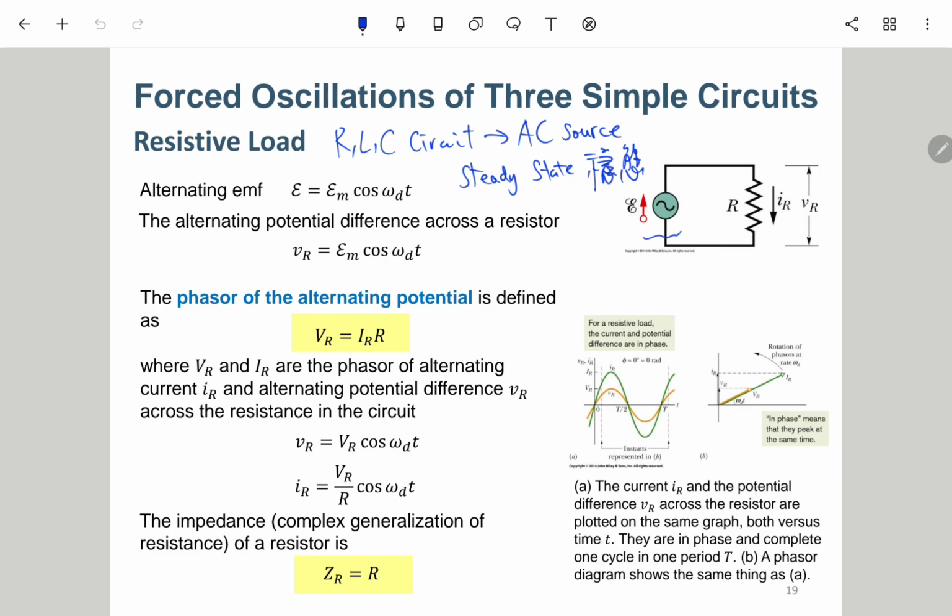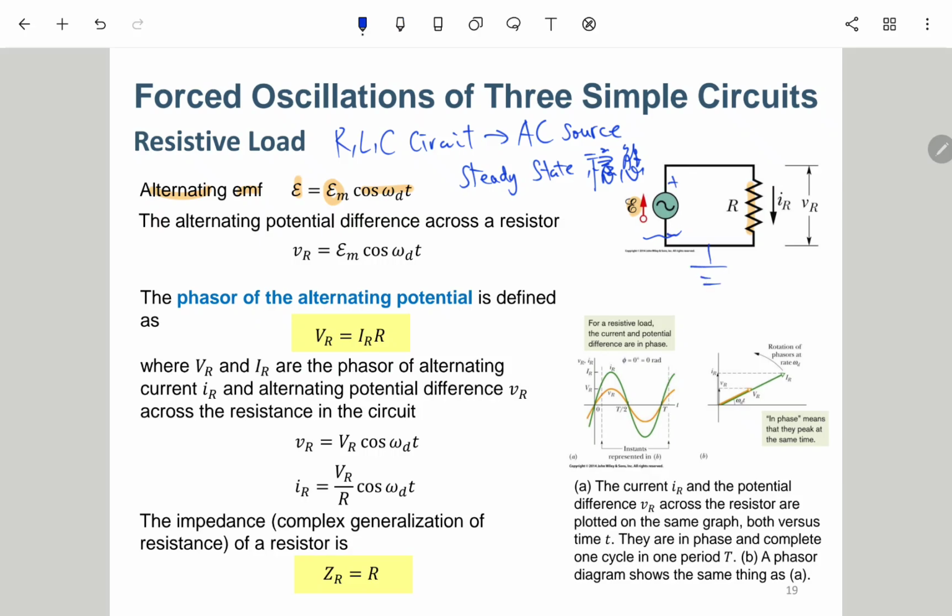So for the alternating EMF, or the AC source, we have E equals E_m cosine of omega_d t. This is the AC source, and it is just connected to a resistor only. So this is very trivial.